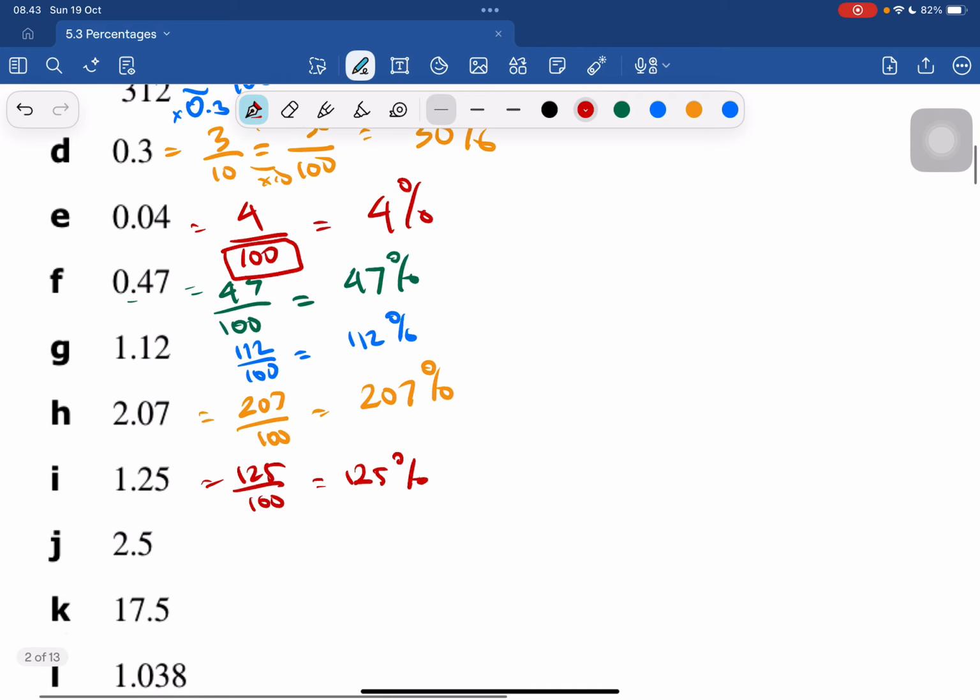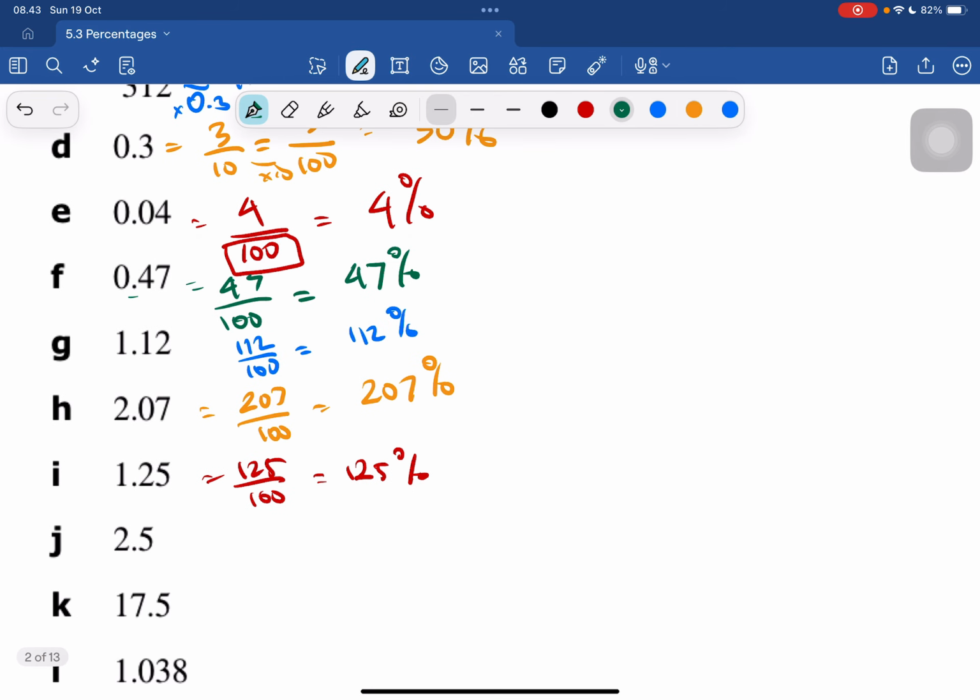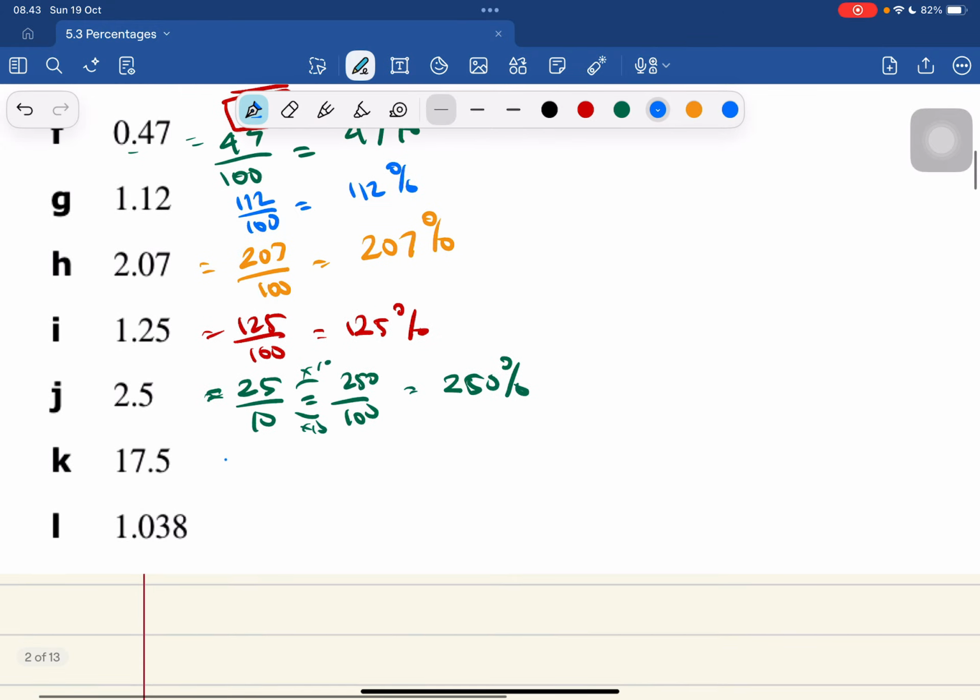Next, this is 25 over 10, so let us make it over 100. So this multiplied by 10, so 250. So this is 250%. Next, this is 175 over 10. So we make it over 100, multiplied by 10, so 1,750.